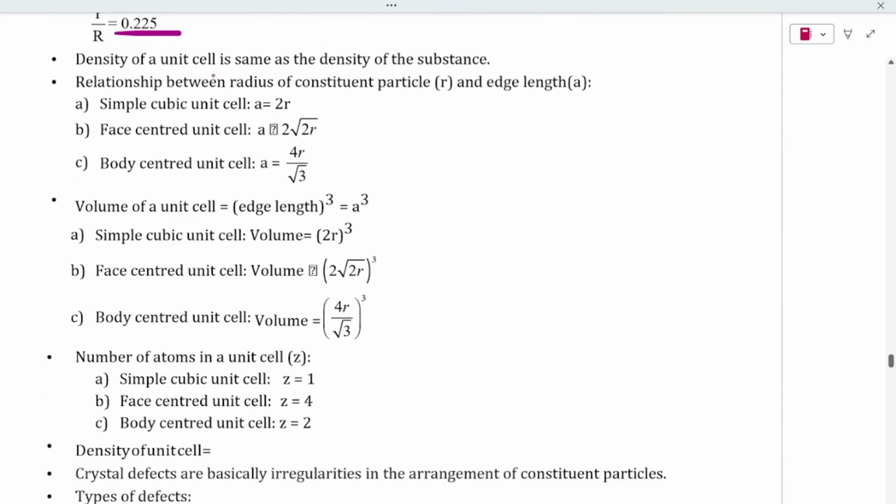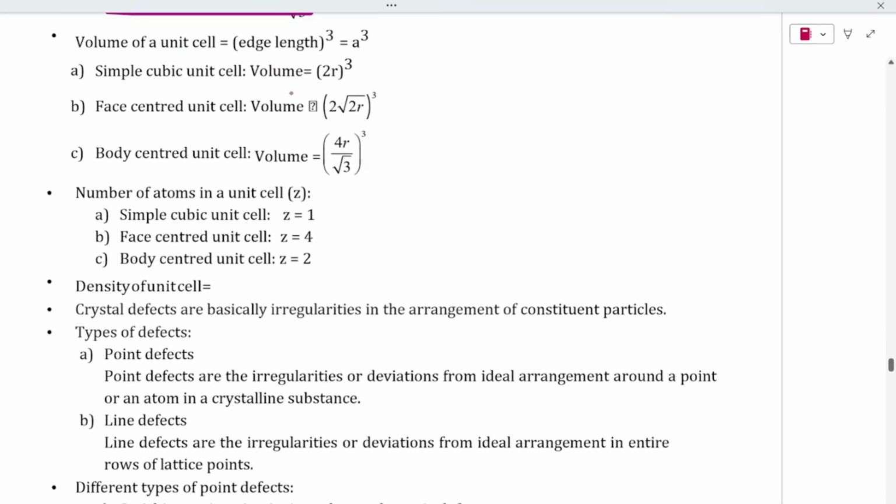And for density, for the simple cube, a is equal to 2r; for FCC, a is equal to 2 root 2 r; and for BCC it is 4r by root 3. Volume is 2r whole cube, 2 root 2 r whole cube, or 4r by root 3 whole cube.